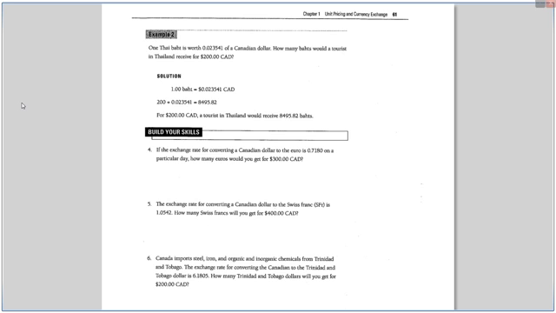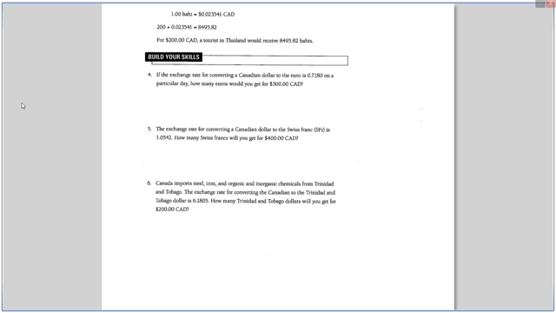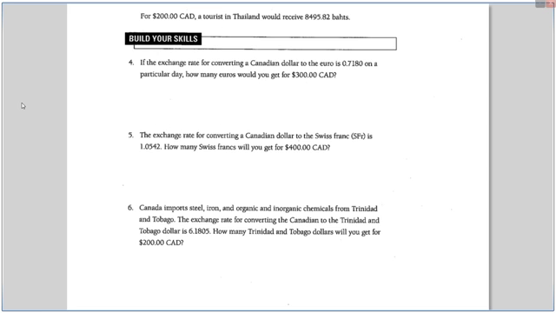Alright, these look almost identical, so let's see how we do these. The exchange rate for converting 1 Canadian dollar to the euro is 0.7180 euro.